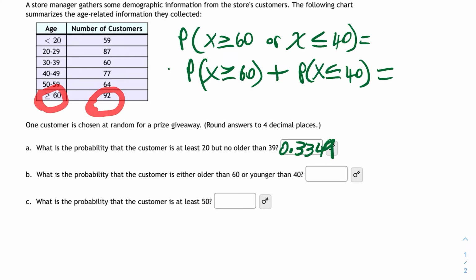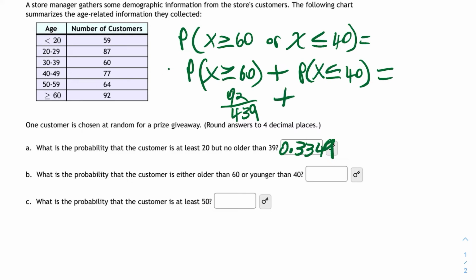The probability that X is less than or equal to 40 would be pretty much beginning here, the 60 plus 87 plus 59. So one of them is 92 over the grand total of 439. That's the probability of being over 60, because there are 92 people who are over 60 in this sample.